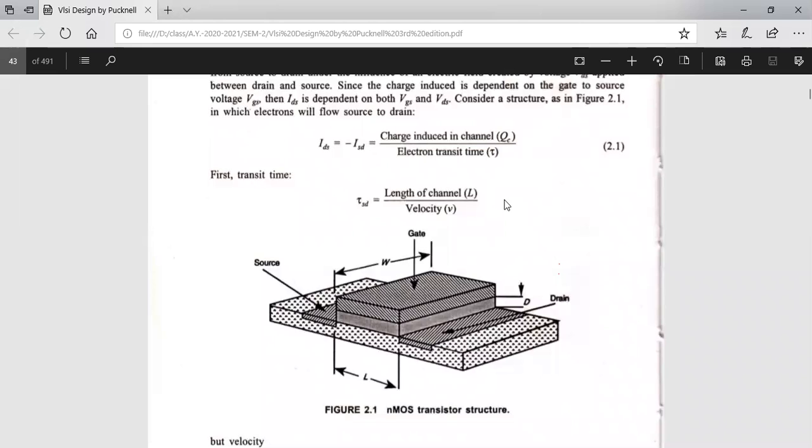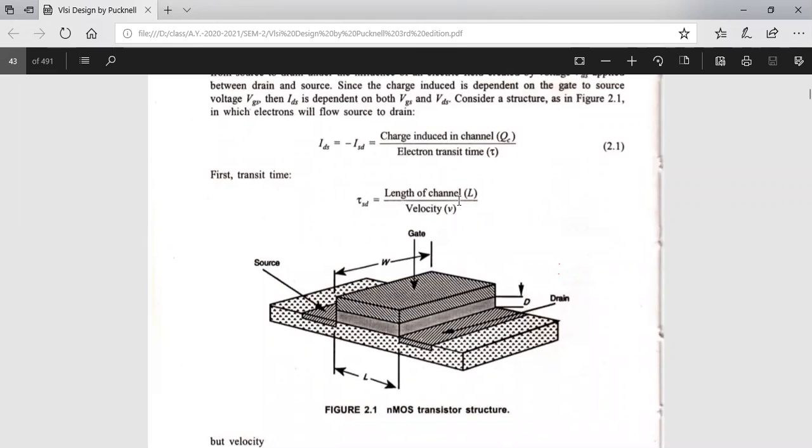Velocity is nothing but distance covered by time. Now I want the time, so that will be the length of the channel divided by the velocity v.